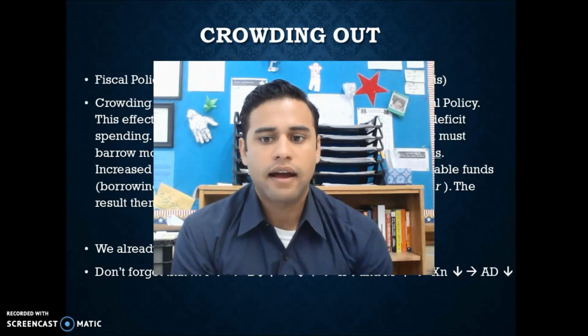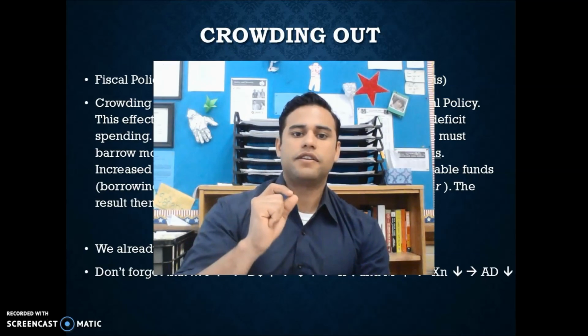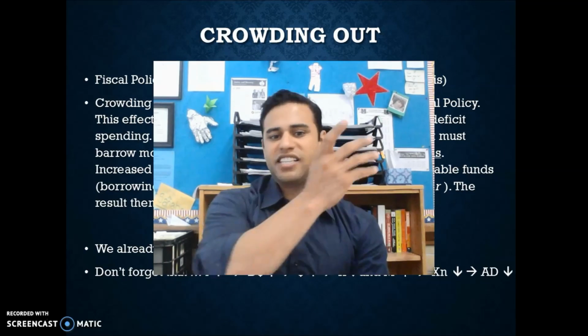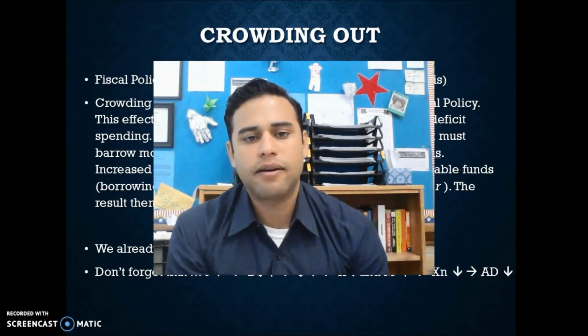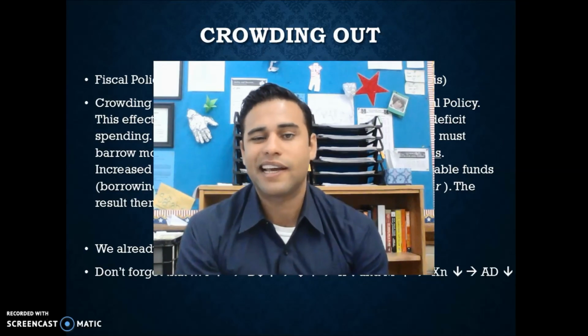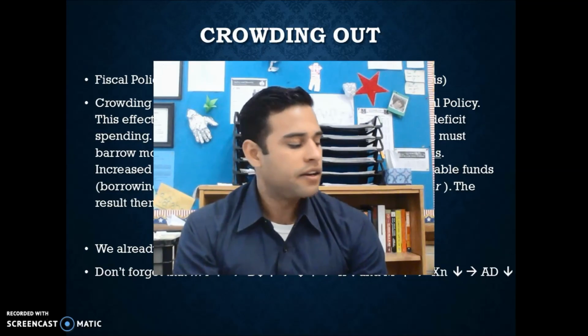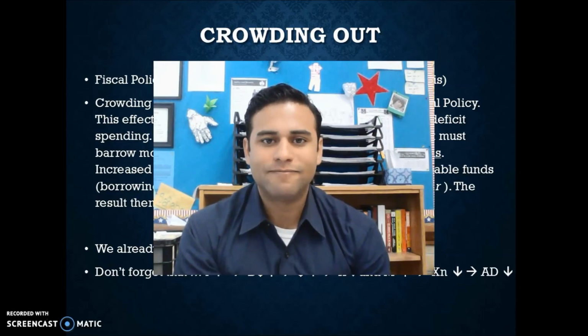Okay? And you need to be able to take that understanding of the change in demand for loans, changing the real interest rate, and apply the change in real interest rate to a change in investment spending and a change in net exports, which has a counterbalancing or counteracting effect on fiscal policy.